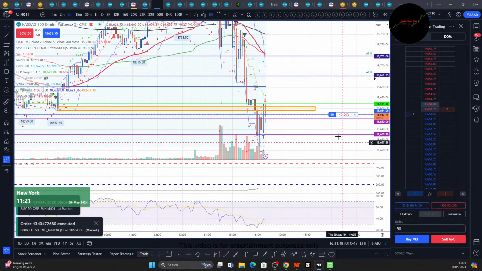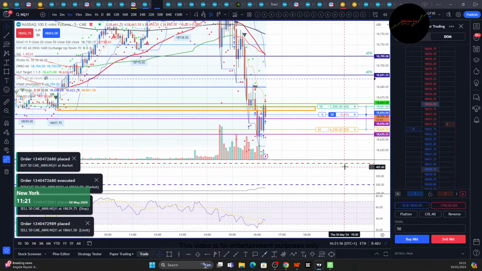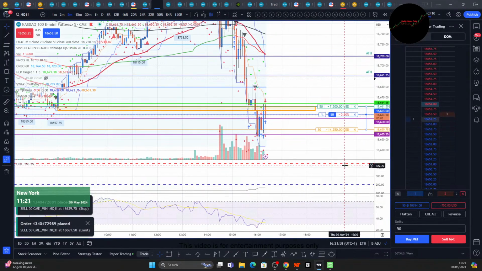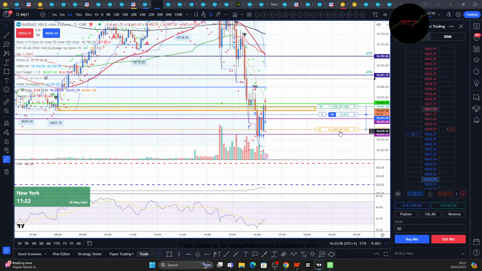Just going to go long. Stop loss, open of the candle, take profit where the candle opened. Oh, that's terrible. Oh, the risk reward on that is horrible.